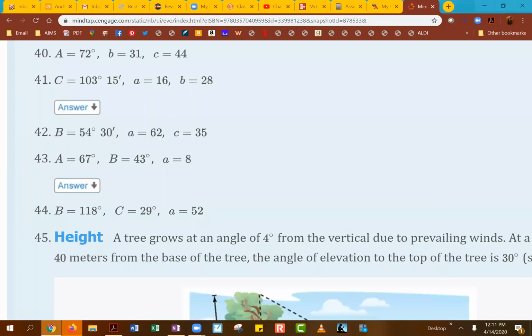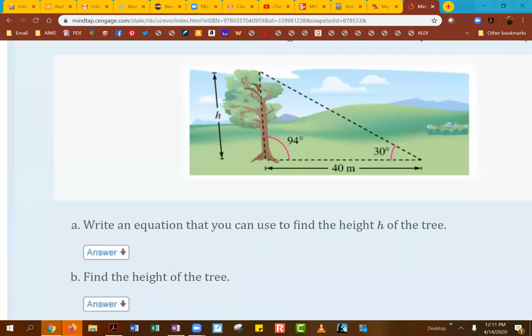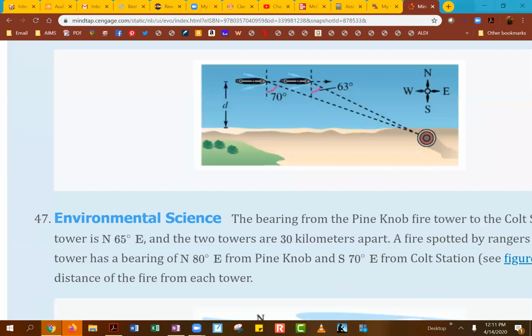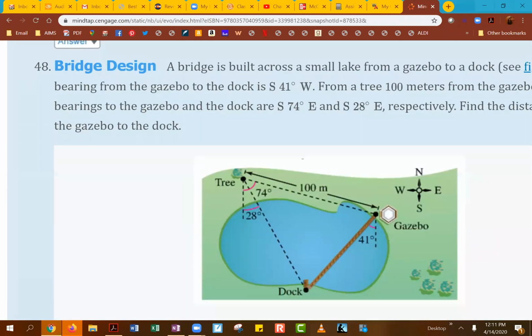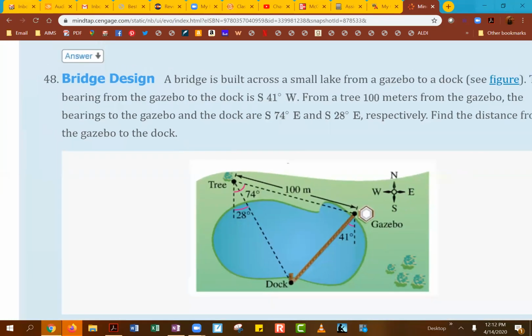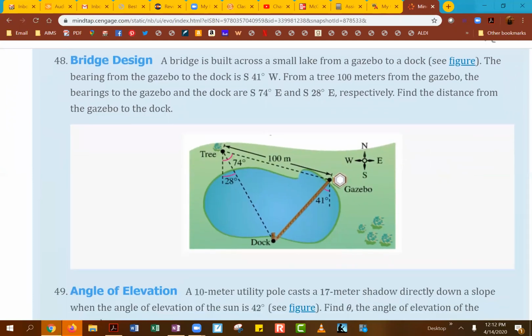So I did want to look at just a couple application problems here just to show you how these are used. Let's make this kind of smaller, number 48 over here. They're saying a bridge is built across a small lake from a gazebo to a dock.